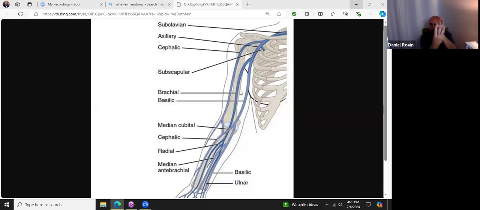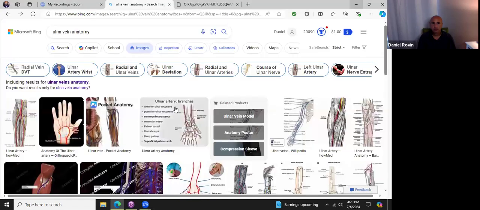The deep ones, radial and ulnar, become the deep brachial, but cephalic and basilic are just going to stay superficial the whole way up. And again, they will eventually become the subclavian vein.